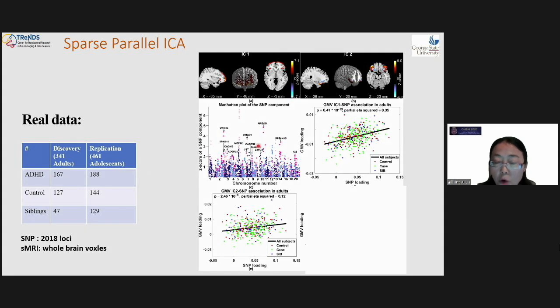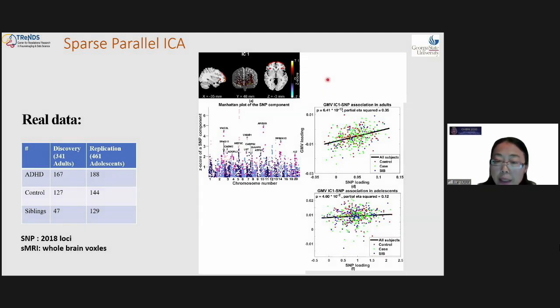Some of the genes have already been reported to be related to ADHD, and these genes are related to brain components. In replication, we replicated one pair of connections. This genetic component is consistently related to the gray matter in middle frontal and superior frontal regions. And the connection is much stronger in case families than control families.